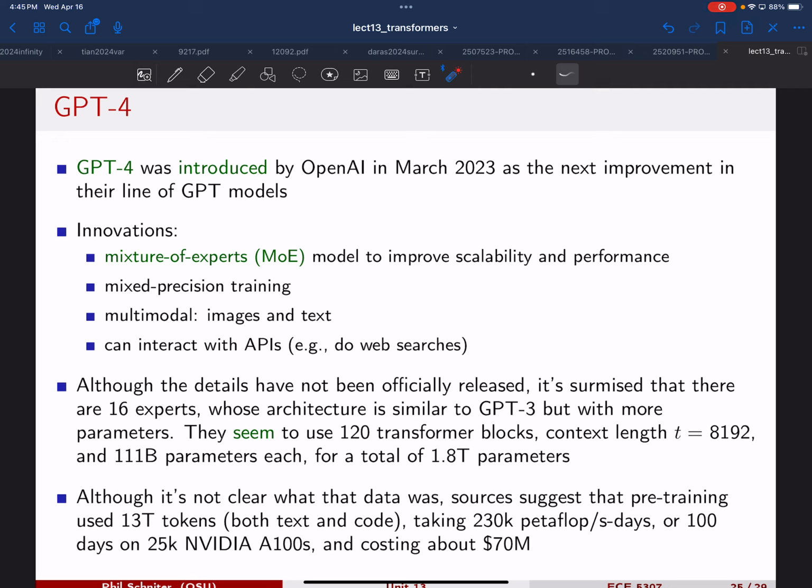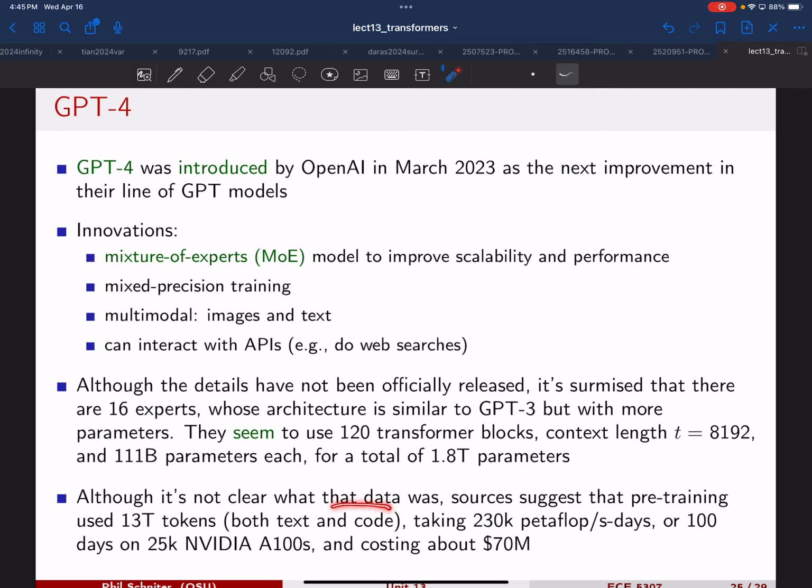And again, this is not public, so people have been trying to figure out the architecture and so on. So it seems like they use 120 transformer blocks. This is per expert, context length 8192, 111 billion parameters for a total over all those experts of 1.8 trillion parameters. And nobody knows what the data is, but seems to be about 13 trillion tokens.